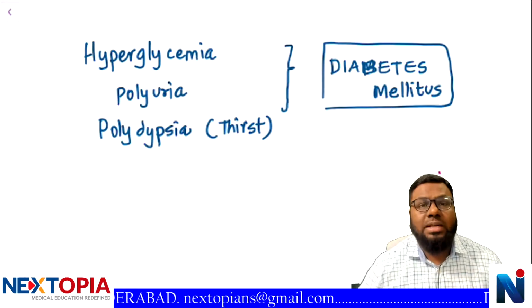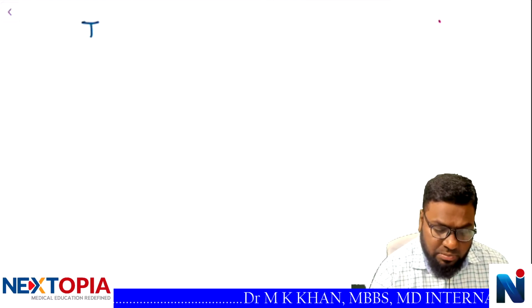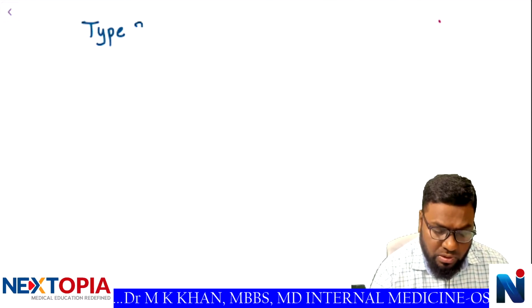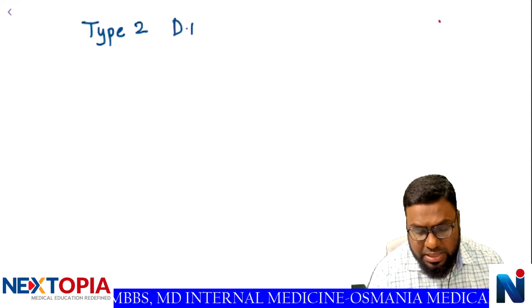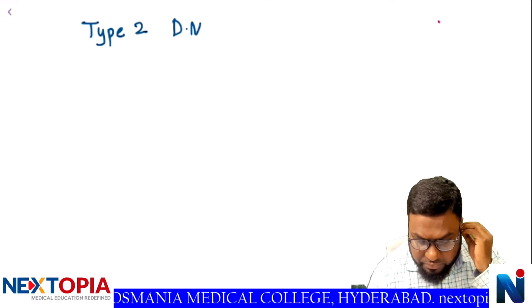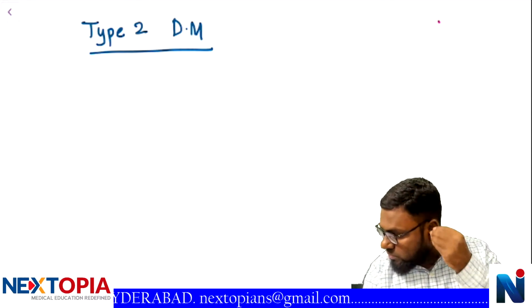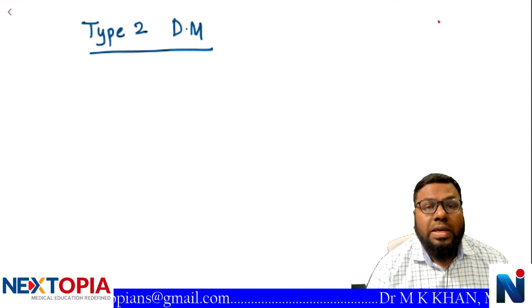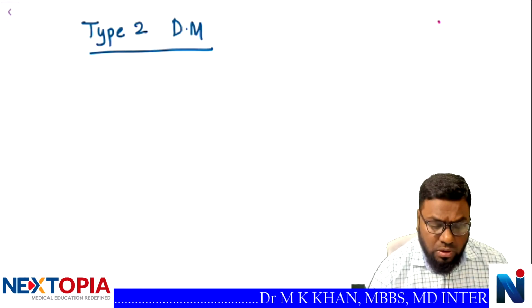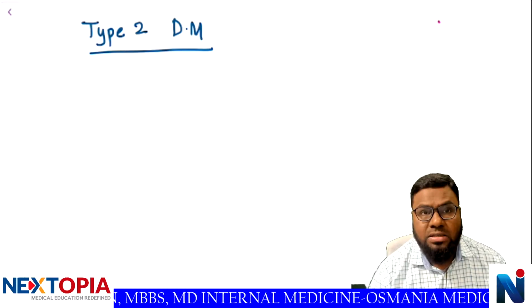There are two types of diabetes mellitus. Type 2 diabetes mellitus is the most common type. Here you see 90 to 95% of the patients presenting with type 2 diabetes mellitus.